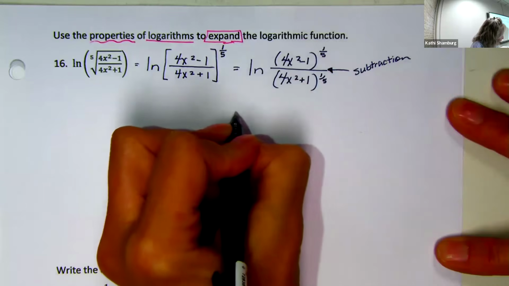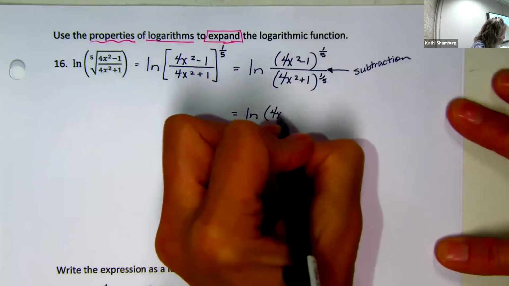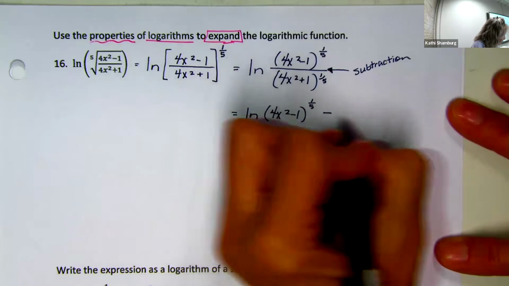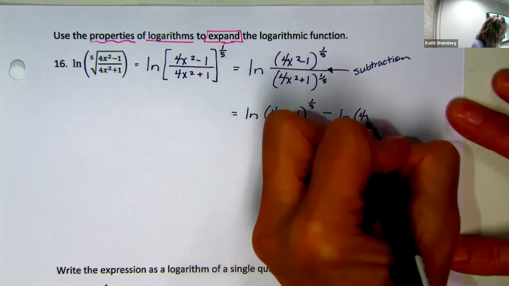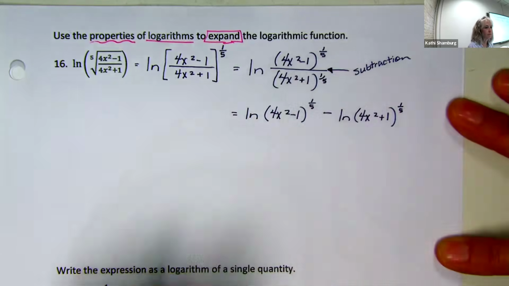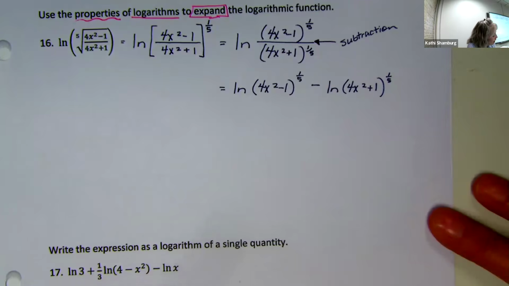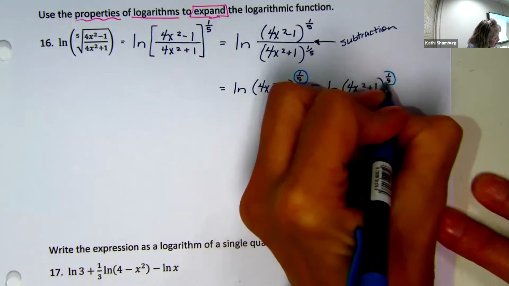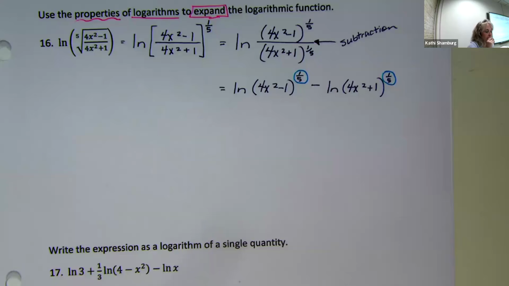So that tells me I can rewrite this as the natural log of 4x squared minus 1 to the 1/5 minus the natural log of 4x squared plus 1 to the 1/5. Who recalls what we can do with the exponent with a natural log? We can move it.